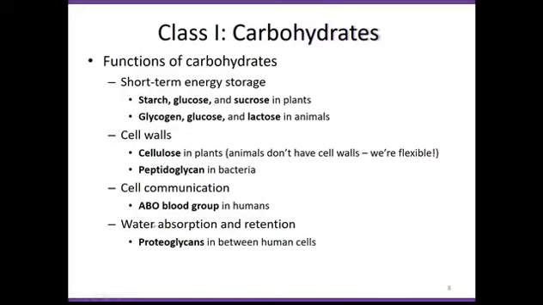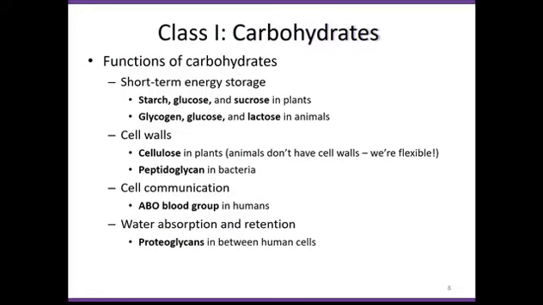Another thing that we use carbs for is for cell communication. One really good example of this is actually the ABO blood group in humans. So you may know that we have type A blood, type B blood, type AB, or type O, and that's actually simply because of what kind of carbohydrate we have in our red blood cells.